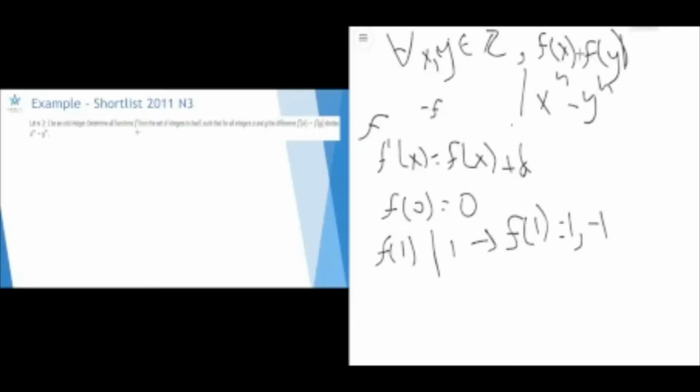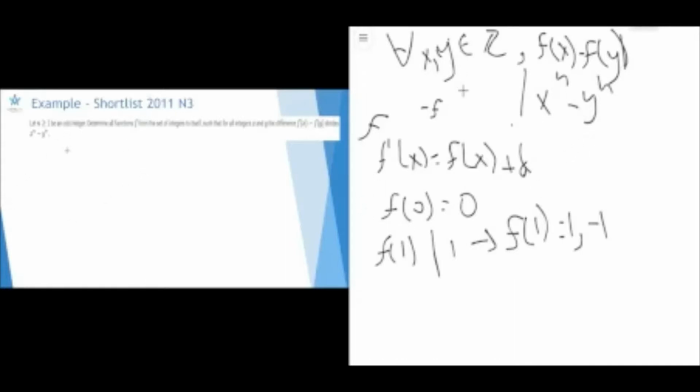Well, it's easy to see, because f prime of x minus f prime of y is going to be negative f of x plus f of y, which is just the negative of f of x minus f of y. So that means f prime of x minus f prime of y also has to divide x to the n minus y to the n, because its negative divides it, right? If the positive divides it, then the negative also has to divide it.